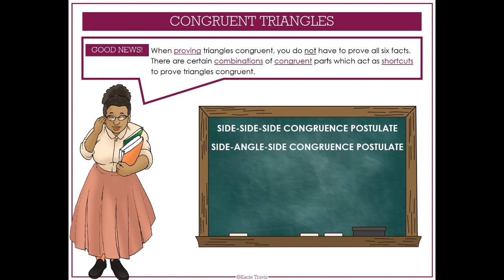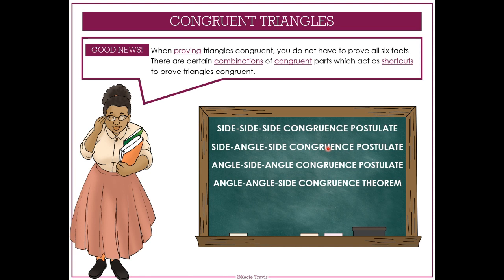We also have the side angle side congruence postulate. This means that I need a side, an angle that's in between it, and another side. So basically, these 2 sides are the side that make up this angle. If you can prove that all 3 of these are equal between 2 triangles, then you can prove that they are congruent. We got angle side angle, which means I need 2 angles and their included side, the side that they share together, need to be congruent.